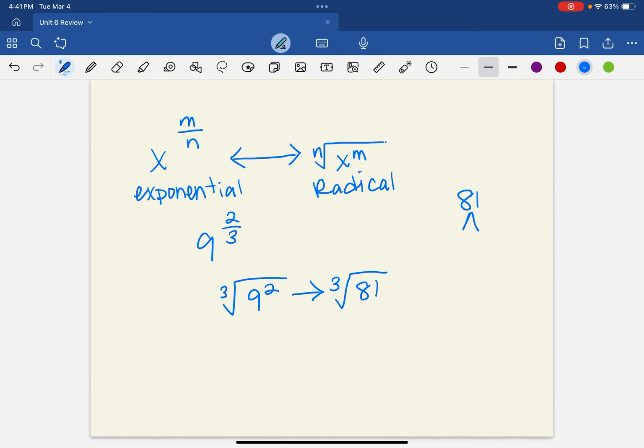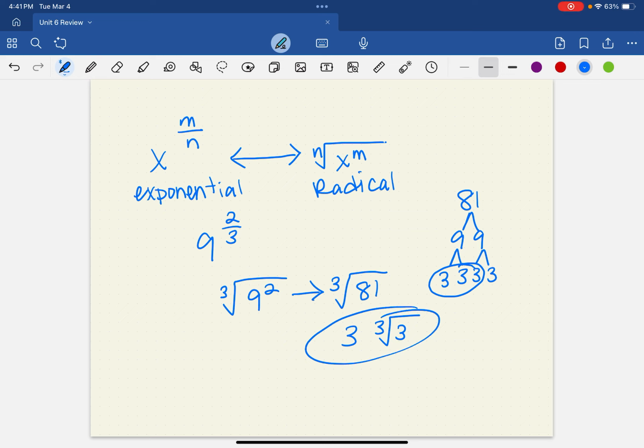Again, I'm okay if you give me the non-simplified, but I prefer if you would do simplified, okay? So 81, 9 and 9, 3, 3, 3, 3. I'm taking out trios. So a group of 3's out, a group of 3's in. So cube root, 3, 3, a lot of 3's.